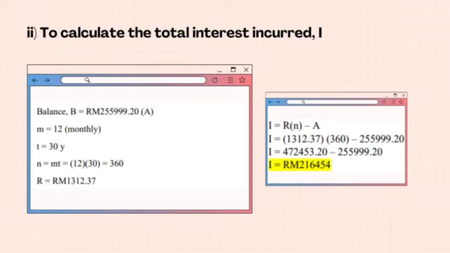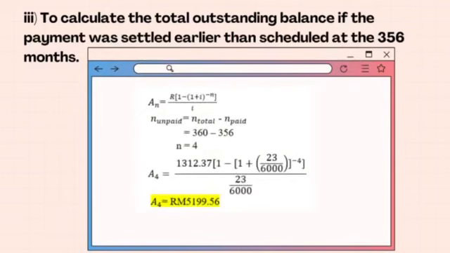We need to settle the bracket first. We get the total 472,453.20 minus 255,999.20. So we get the total for the interest RM216,454.